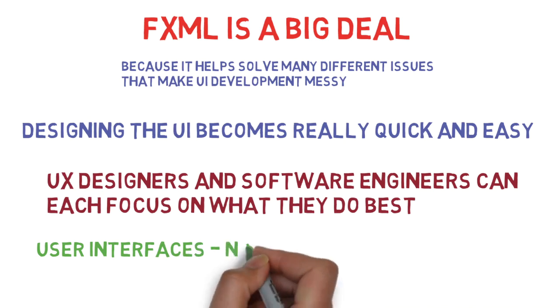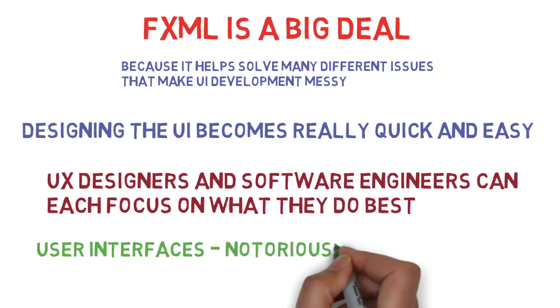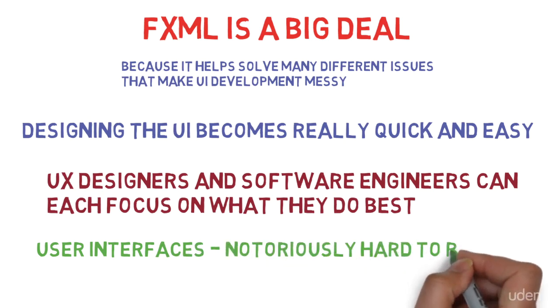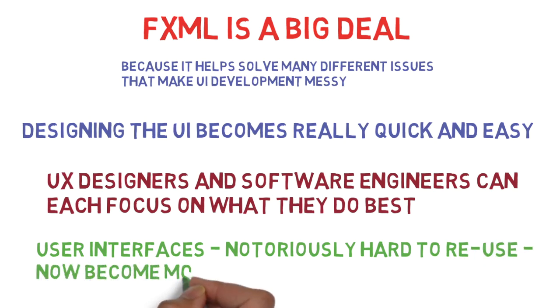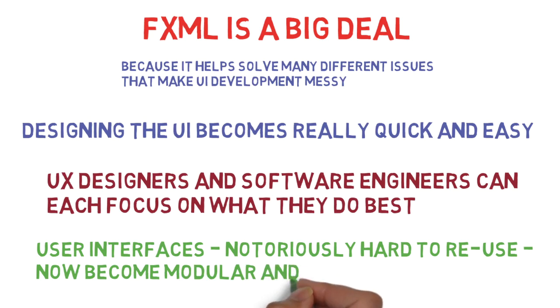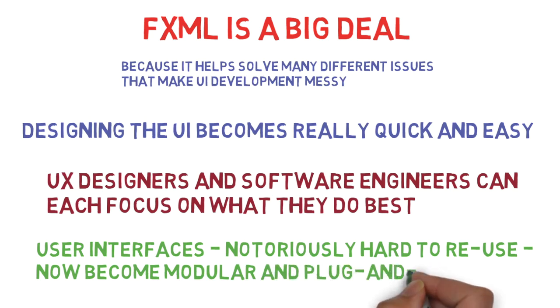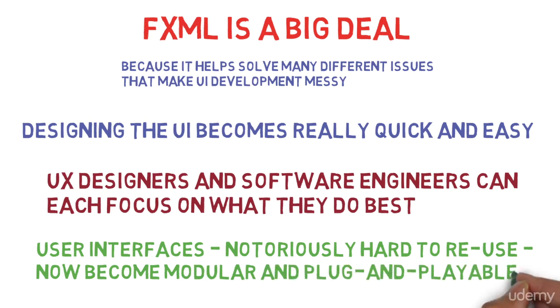Each of them can focus on what they do best. Now, user interfaces, which are notoriously hard to reuse, they are not really modular, will now become modular and plug and playable. Essentially, you can pick up a piece of FXML and plug it in somewhere else, modularizing your UI. A really big deal and a big win for the reusability of UI code.